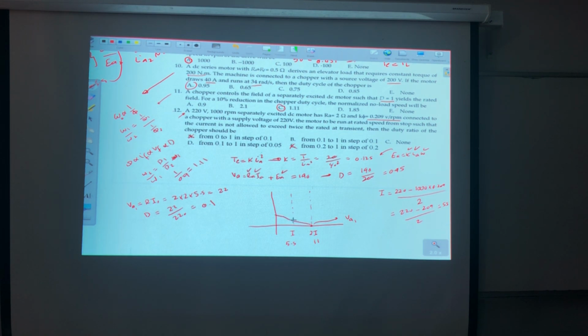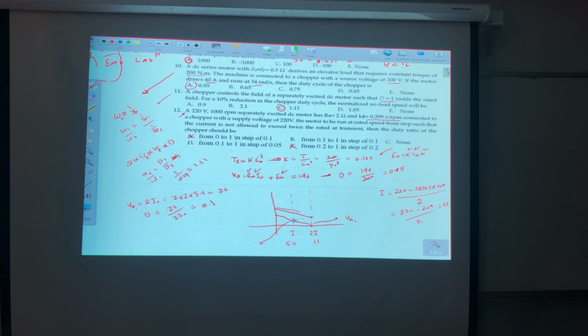I need to calculate the speed here. Why? Because after switching, I will go to where? To this position. A straight line there will be. So I need only to calculate the increase of the duty cycle here. So here I need to find what? To calculate omega. Yeah? Why? Because I need omega here.